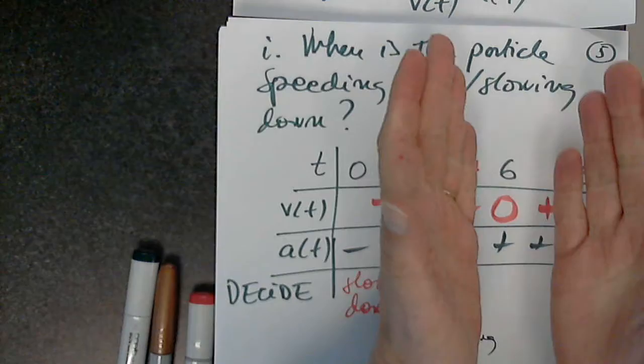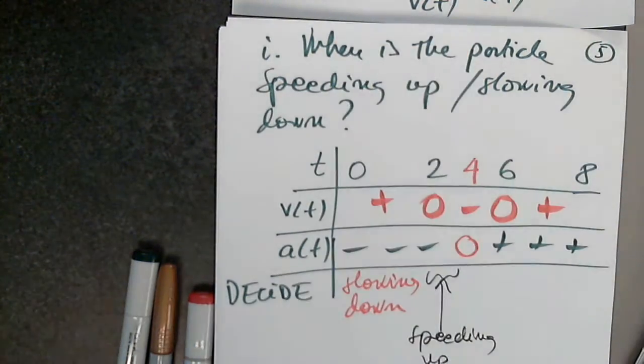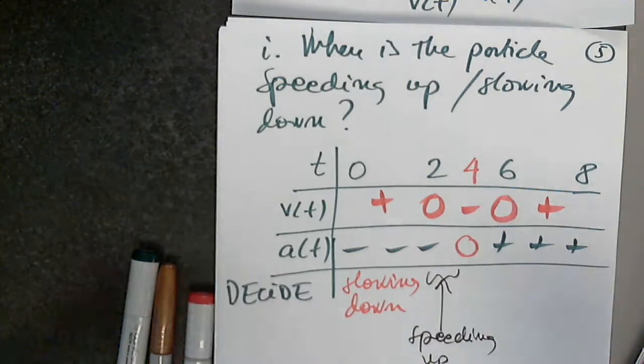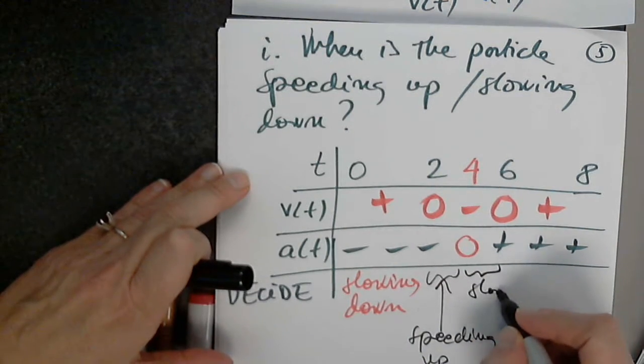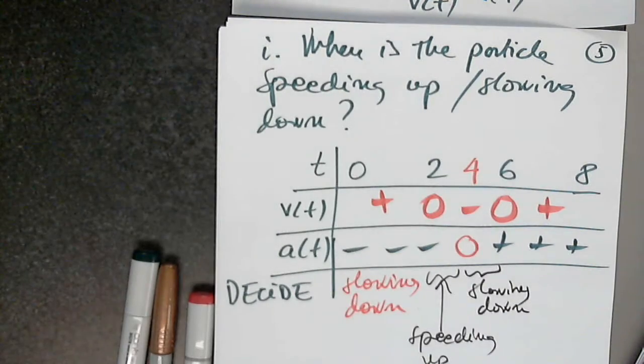Then I'm here between 4 and 6. The velocity is negative, but the acceleration is positive. The velocity goes this way, the acceleration goes this way. What does the particle do? Slowing down. So between 4 and 6, slowing down. Good.